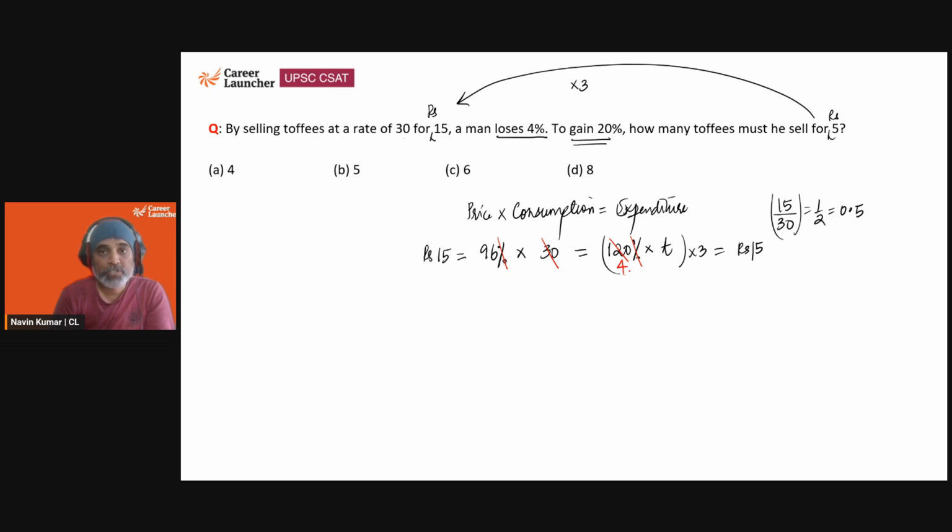Now 4 into 3 is 12. 12 into 8 is 96. So we get the value of t is equal to 8. You can see that it was a one-liner equation. Okay, and equation was there because we had to bring in the variable t, which was the unknown part for toffees.